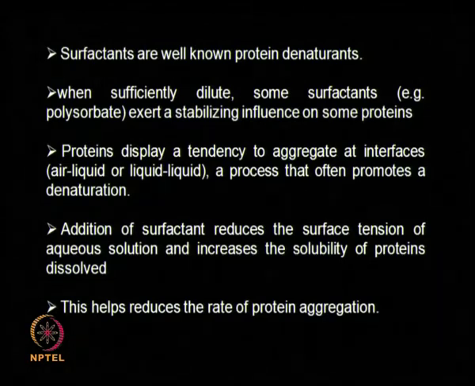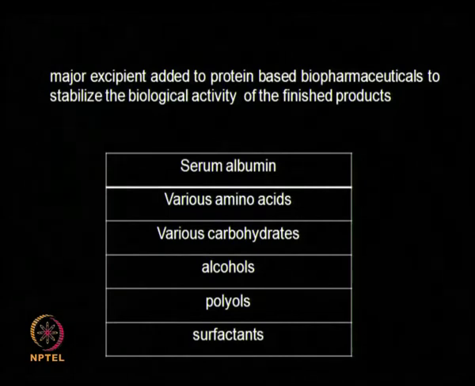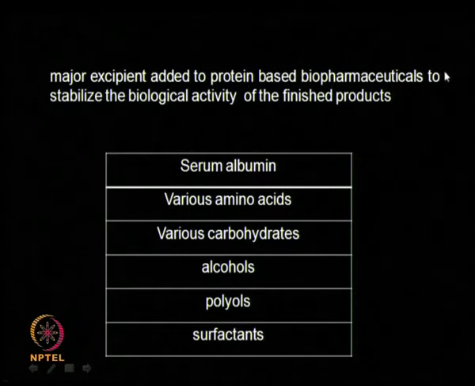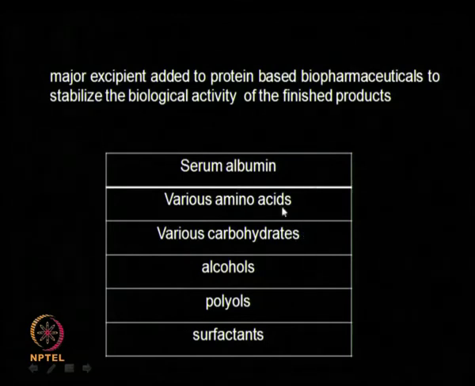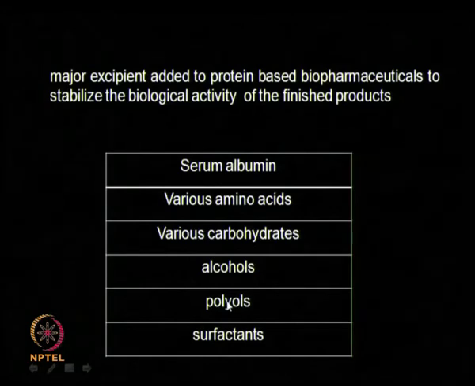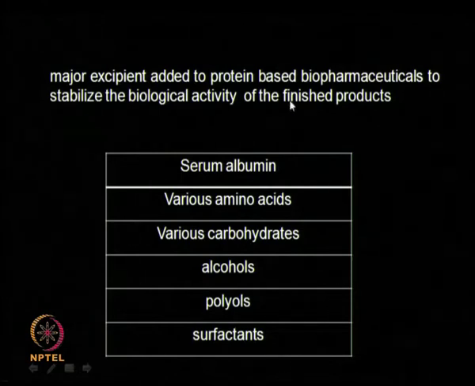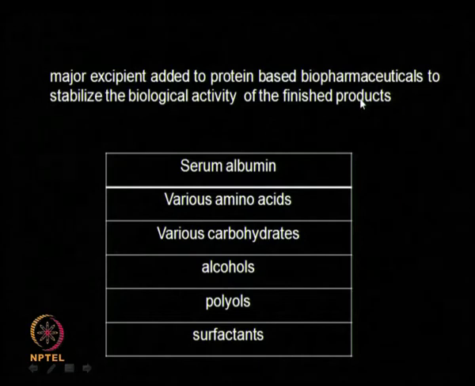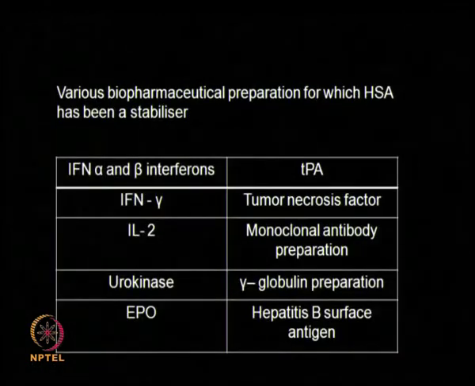They get destabilized. So what are the major excipients added to protein-based biopharmaceuticals? Serum albumin, like human serum albumin, various amino acids, various carbohydrates, alcohols, that means polyols, sugars which have many hydroxyl groups, and even some amount of surfactant. So all these are added for stabilizing protein-based biopharmaceuticals.